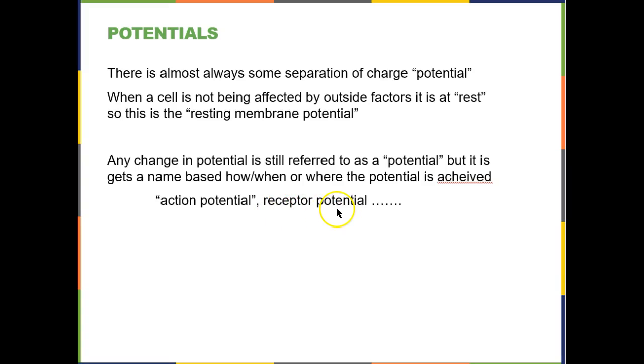In AP2, we'll talk about receptor potentials and end plate potentials and postsynaptic potentials. These are just different circumstances under which the resting membrane potential changes, or the membrane potential becomes something other than the resting membrane potential. So we're going to see this word potential a lot to describe different states of the voltage across the membrane.